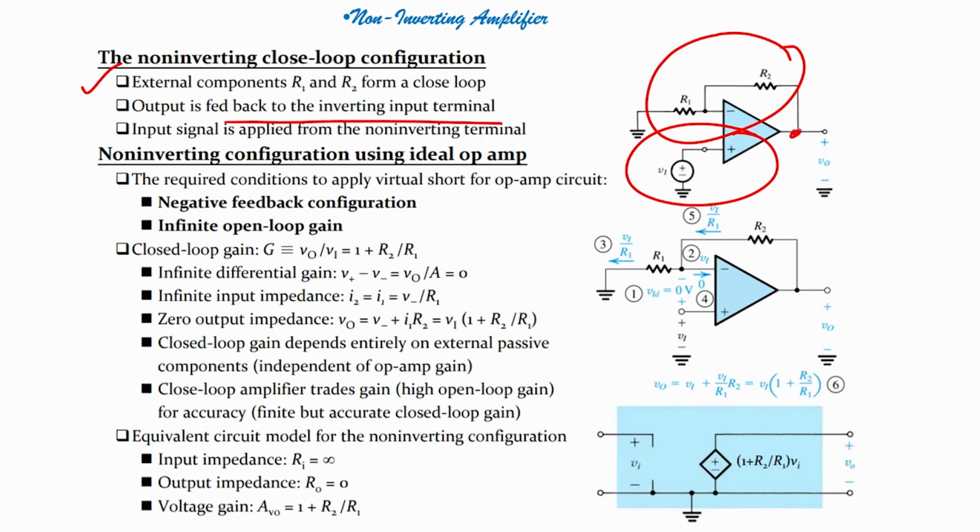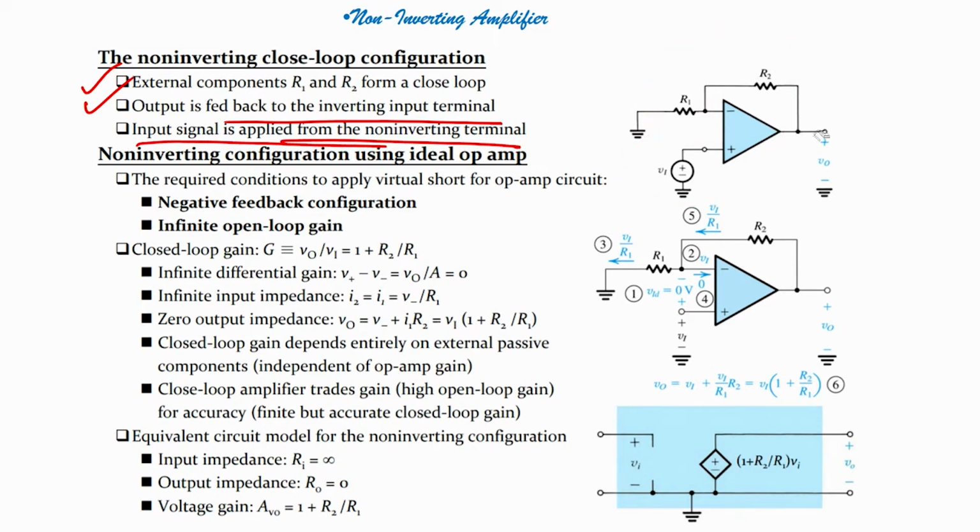Third, the input signal is applied to the non inverting terminal. All three things are very easy to understand. One, R1 and R2 form a closed loop; second, the inverting input is grounded and the output is fed to the inverting input; third, the input signal is given to the non inverting op amp.